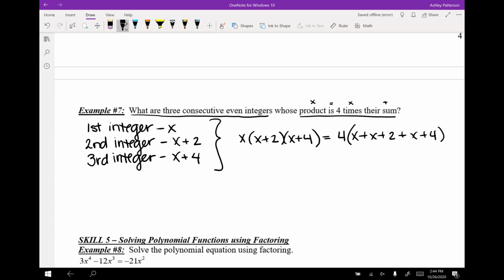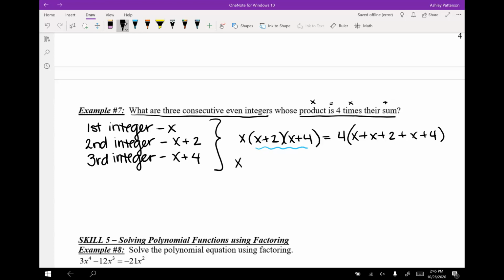First thing I'm going to do on the left-hand side is distribute the two binomials. Please do not try to multiply everything at the same time. You could distribute the x, and then distribute that product into the next binomial. That would be fine. My personal choice, I am going to multiply these two together and leave the x on the outside.